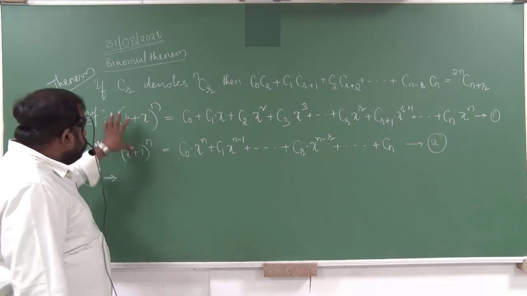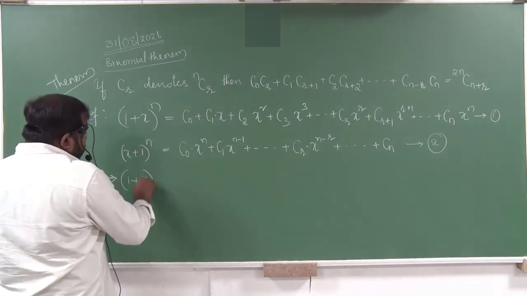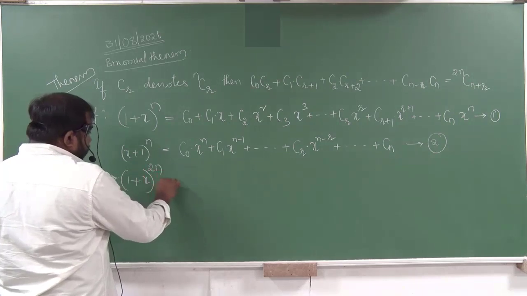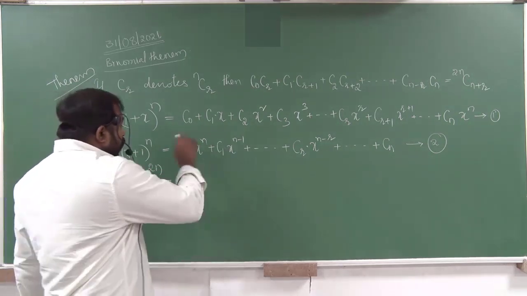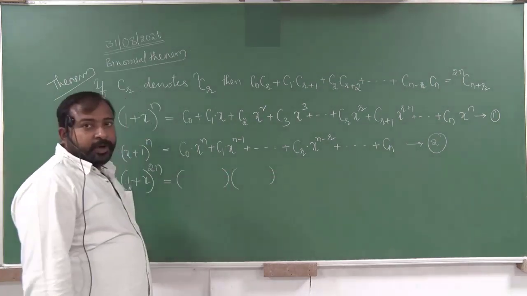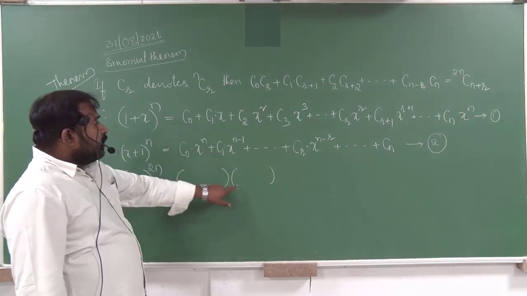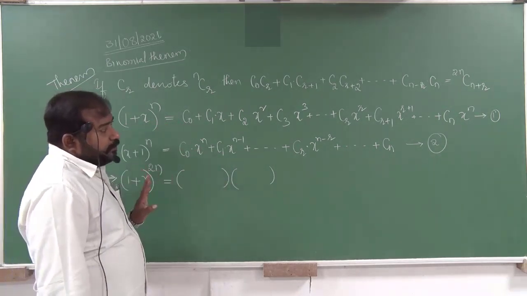So if you multiply these two, you will get (1 plus x) whole power 2n is equal to the whole first bracket value into the second bracket value.